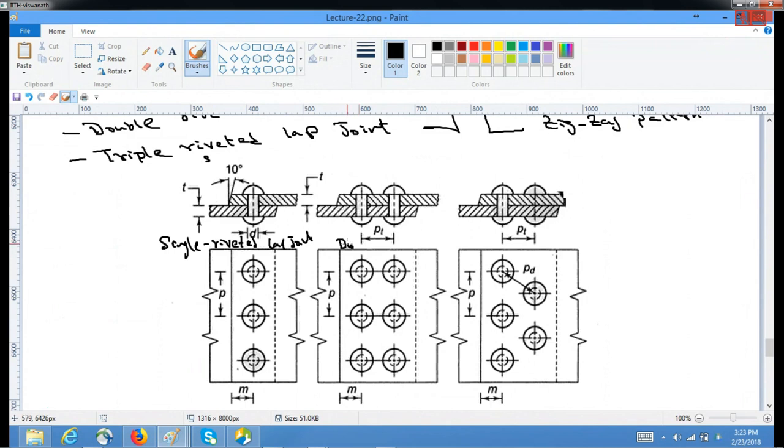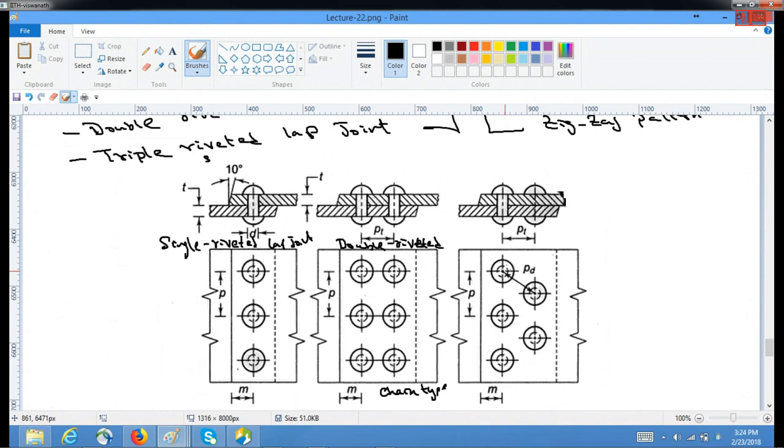This is double, and the pattern is in the form of a chain. So it is a double riveted lap joint, because this is a lap, this is double riveted. This is also double riveted, but this is chain type. See, the order is there as a chain, as a link one to one here, whereas here they are not both in the same order.